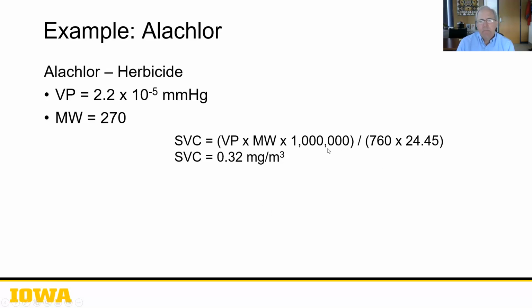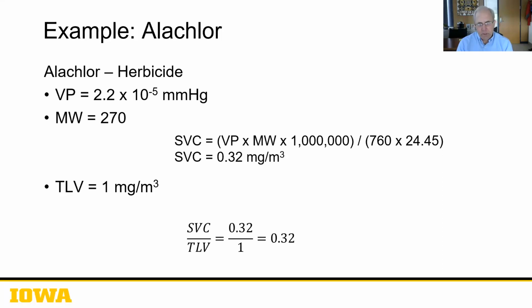And the rest is just to get all the units correct. And you end up with 0.32 milligrams per meter cubed as a saturation vapor concentration. And the TLV is 1 milligram per meter cubed. So just do the ratio here, 0.32 divided by 1, get 0.32. And therefore, the 0.32 is between the 0.1 and 10. Therefore, it's an IFV designated compound.